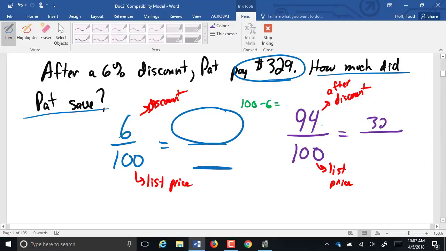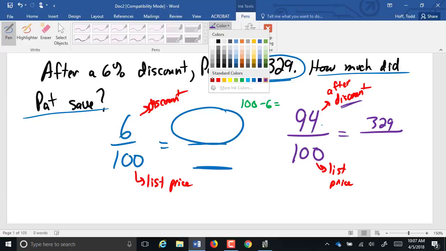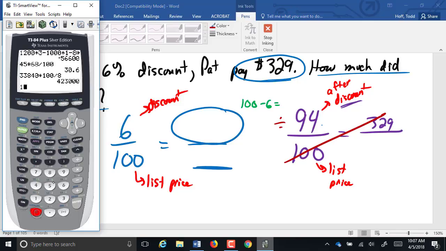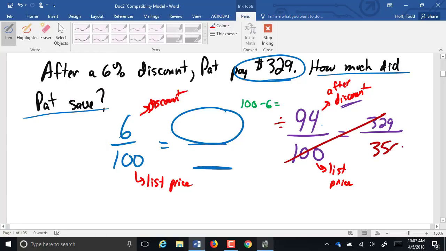The 329 is the price after discount, so that can go on top. Cross multiply and divide. 100 times 329 divided by 94. We get $350.